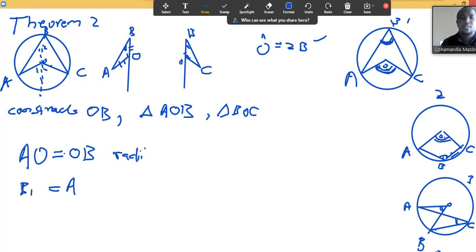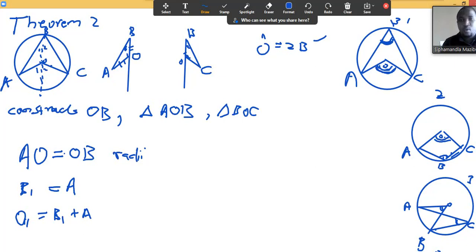There's something to remember here, because this is our angle. We're looking at A, B1, O. So we can say that O1 is equal to B1 plus A. Why?